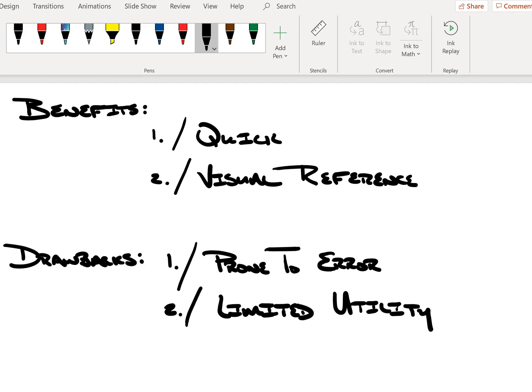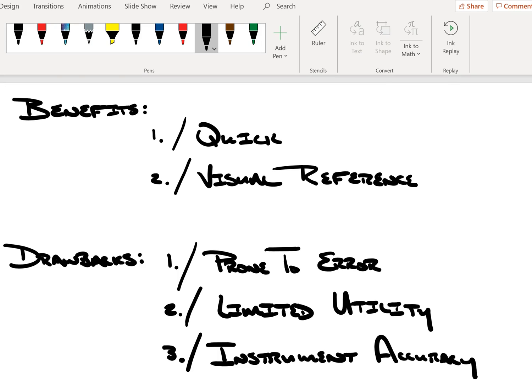It does have limited utility in that it becomes impractical specifically after dealing with more than 2 vectors on the parallelogram method and probably about 4 vectors on the tip-to-tail method. The utility is just very limited. And then finally, our instrument accuracy is also a big issue when it comes to measurements on the ruler that we're using, even down to how sharp the pencil or pen tip is.